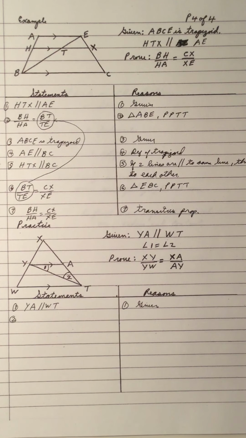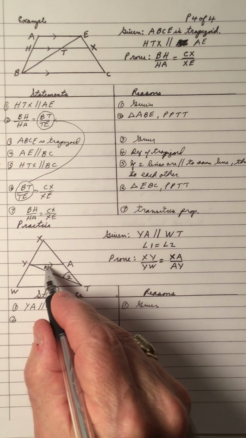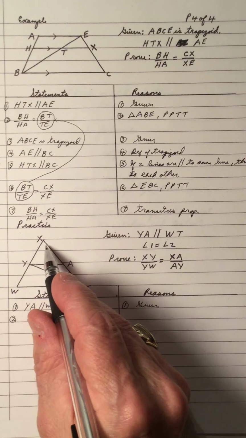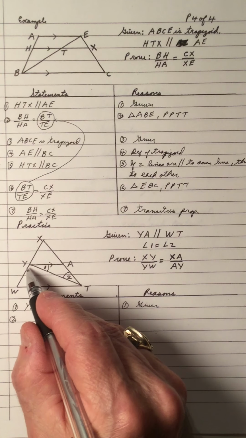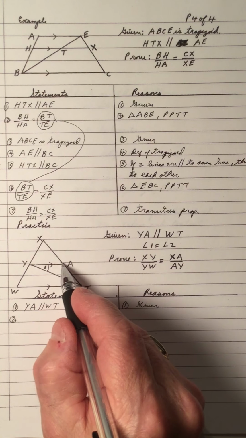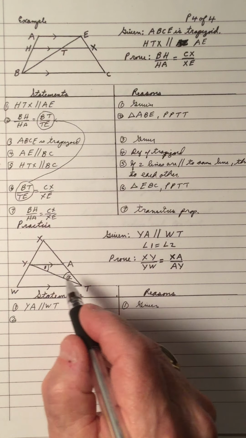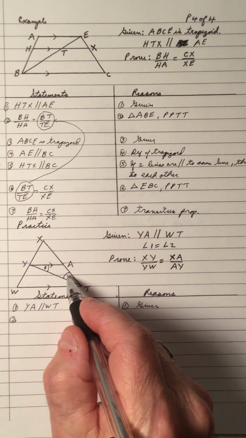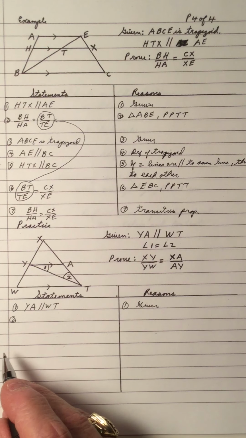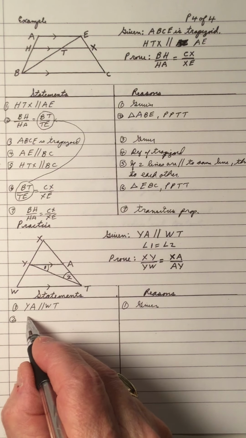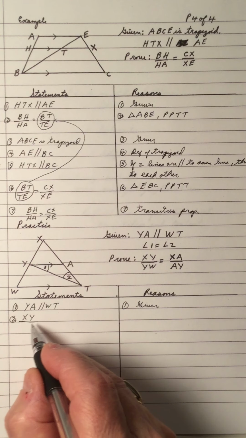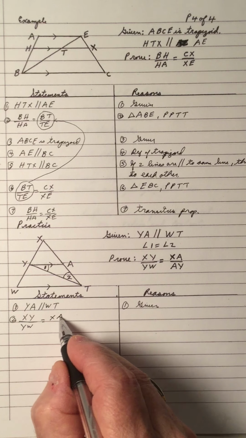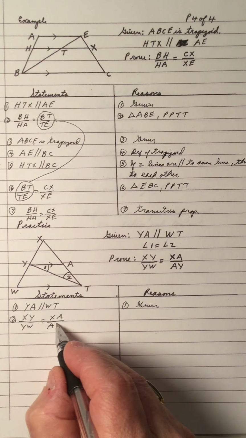So, okay, here we go. I have this one equal to this. So if I did a PPTT with XY over YW and XA over AT, and replace AT with AY, then I would have what I have here. So we got parallel lines. So I have XY over YW is equal to XA over AT.